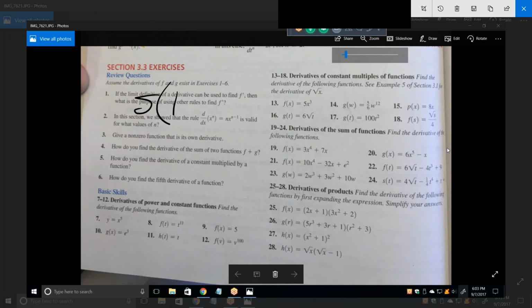24. Okay, so that would be 4t to the 1/2 minus 1/4 t cubed. Now, first of all, we're just writing the original function without radicals. That's all we're doing. What's that last term?